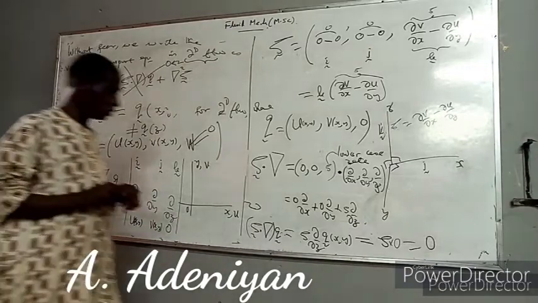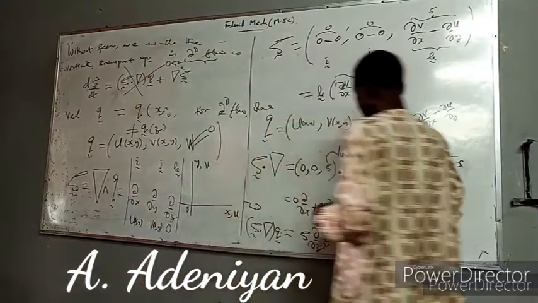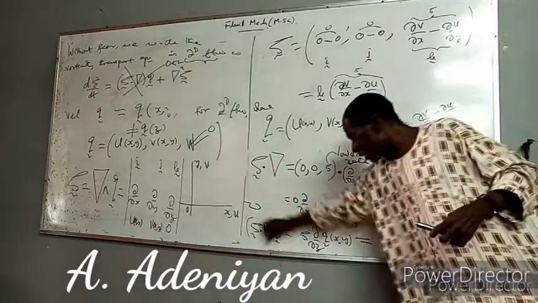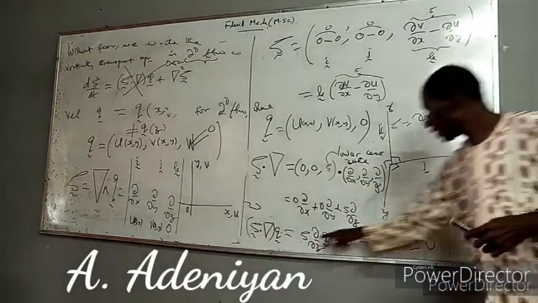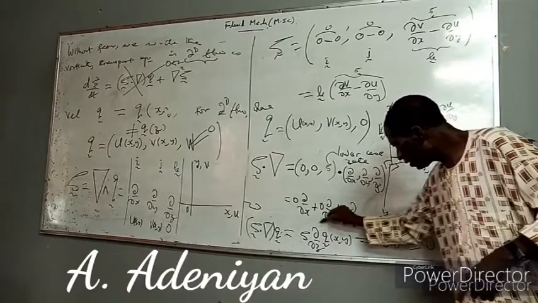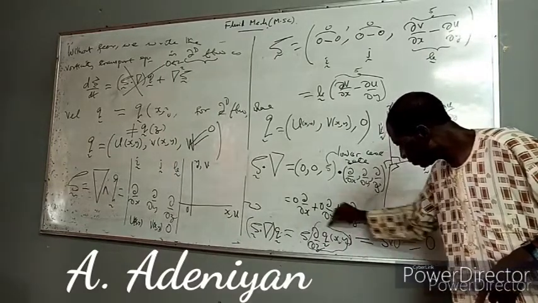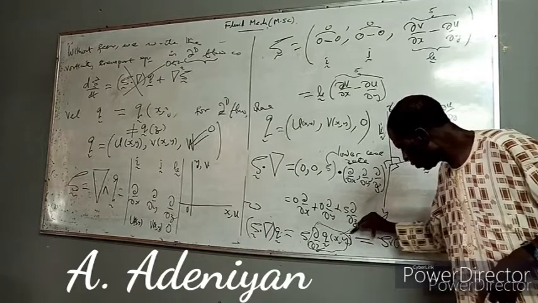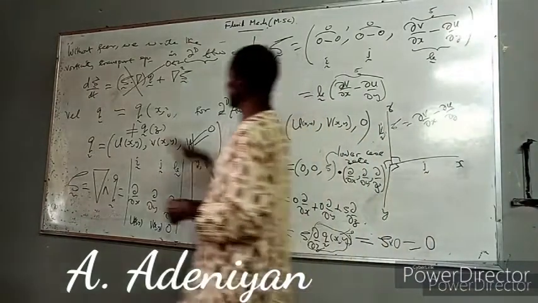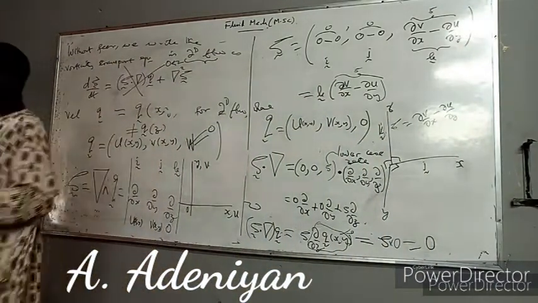That is what we just proved: if the flow is 2-dimensional, this eventually is going to be 0. Because this is 0, it will destroy this, so the whole thing is 0. I didn't want to take it for granted.